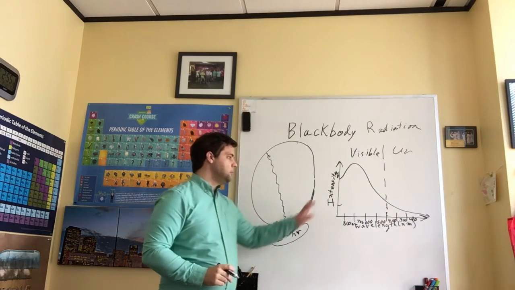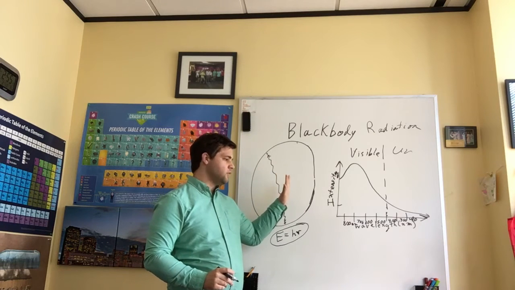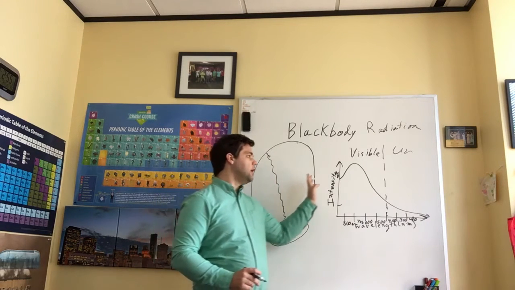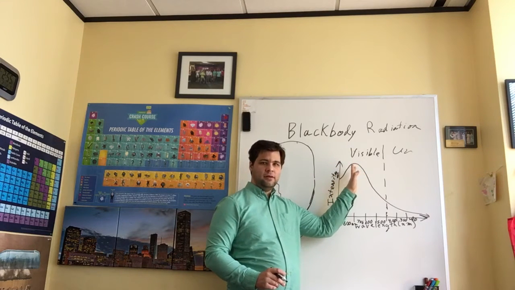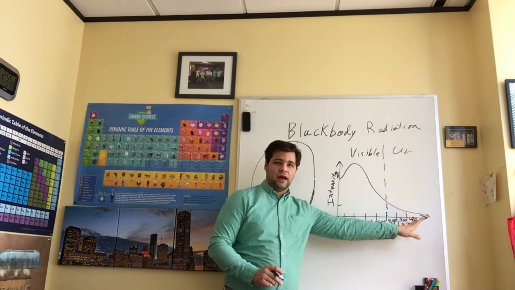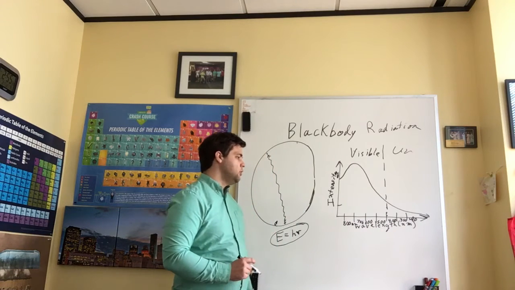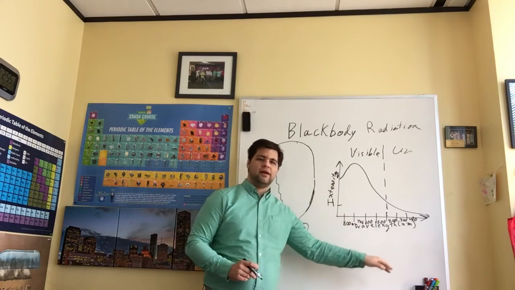So basically you have a portion here where it would be infrared and microwaves and so forth, and then it would peak at some point, and then it would continue to go down as you go to higher and higher frequencies. So you have going up and then going back down.